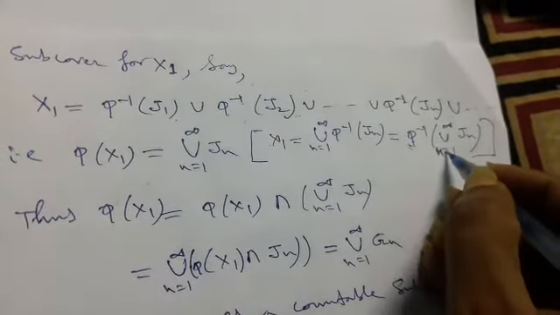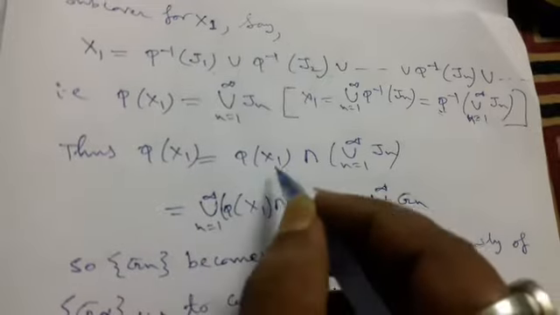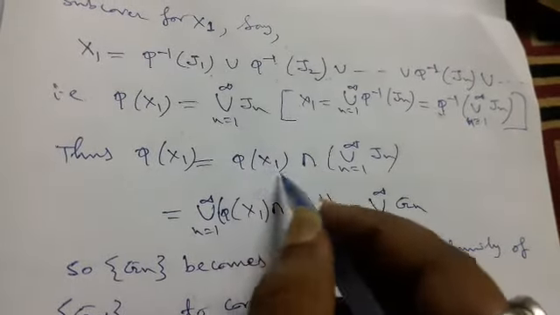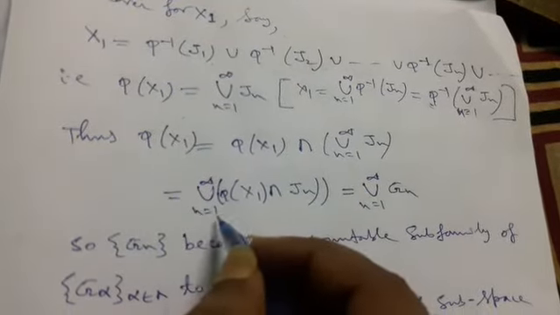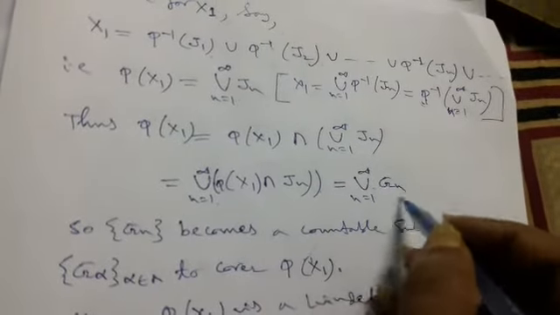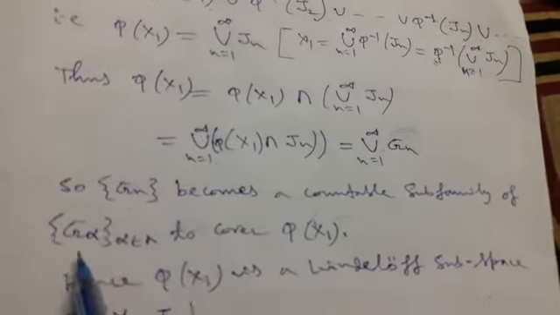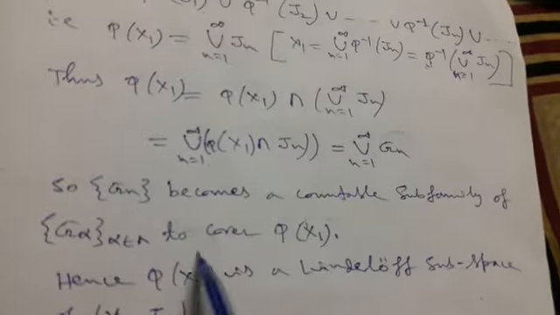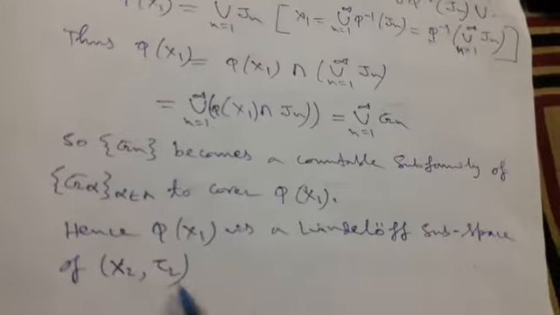And in this way, thus phi of x1 is equal to phi of x1 intersection of this, and if we take this result, the union n equals 1 to infinity of phi of x1 intersection jn, and that is clearly gn. So gn becomes a countable subfamily of g alpha, alpha belonging to the index set, to cover phi of x1, and hence phi of x1 is a Lindelöf subspace of x2 tau 2.